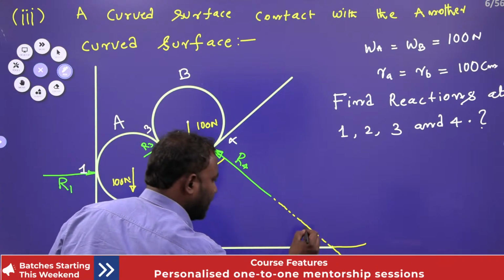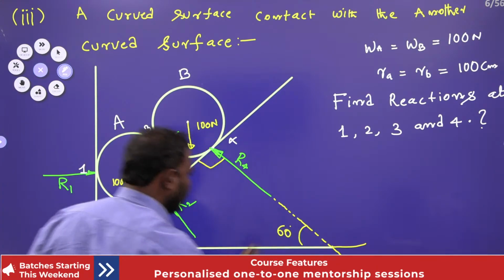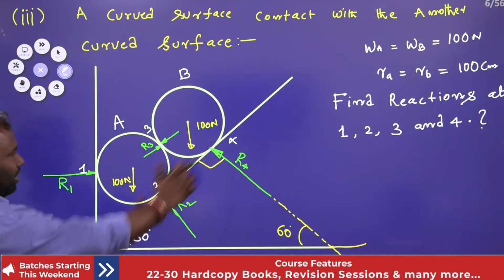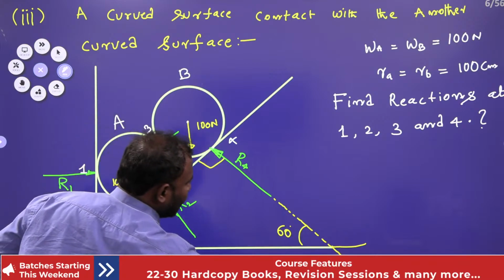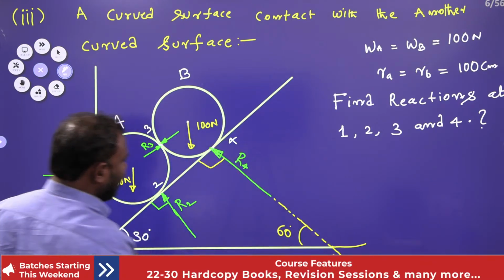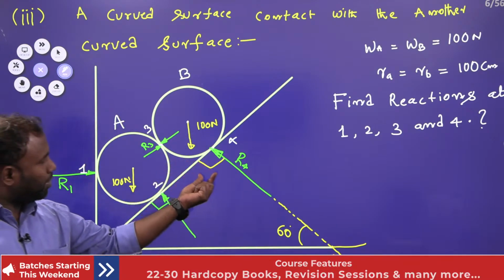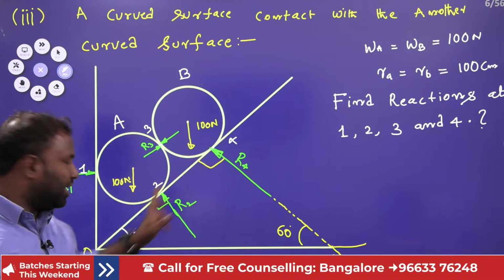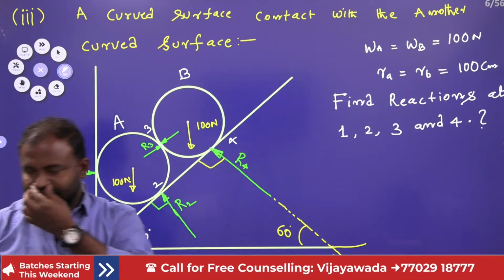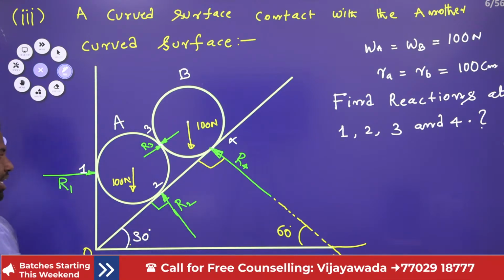By taking the triangle, 180 minus 90 plus 30, so I am going to get 60 degrees. Hope you understand everybody. Okay, right.